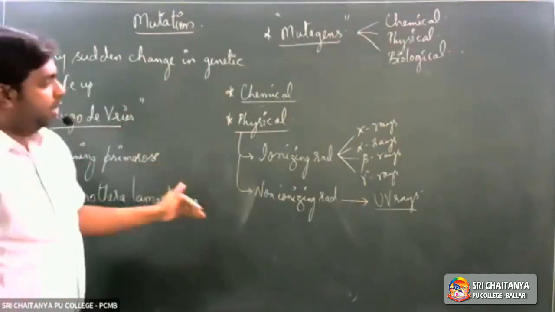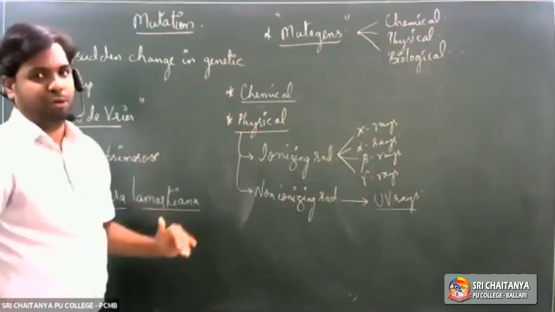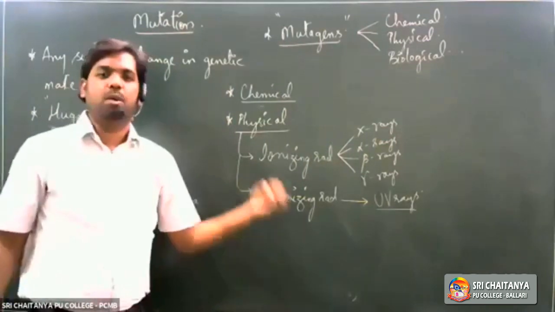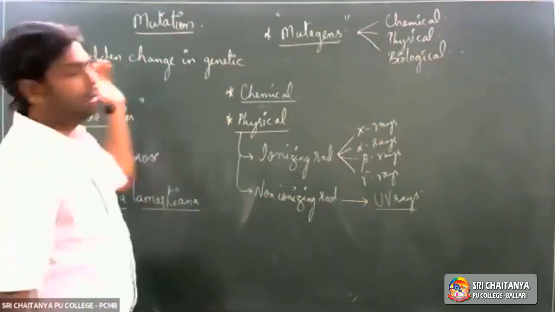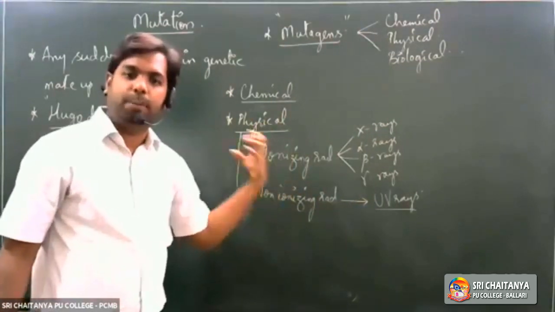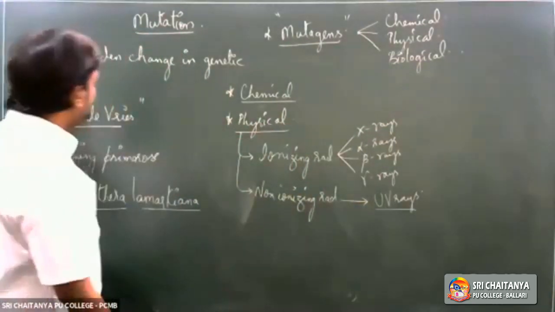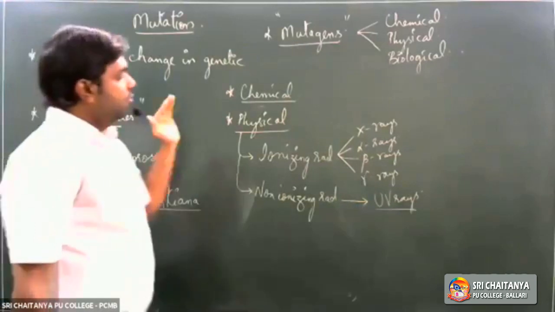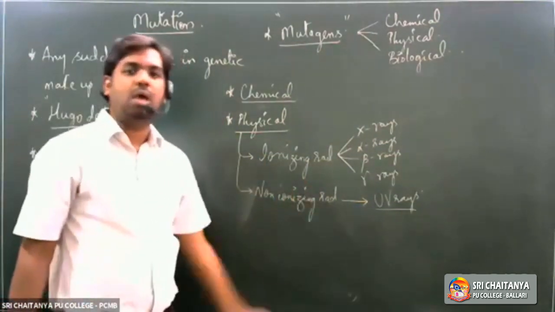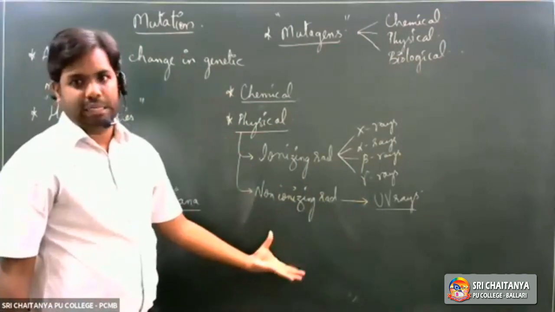So these together, we call physical mutagens. So chemical mutagens, any sort of chemical substances, when it affects the DNA of a particular organism, bring about changes in the genetic makeup. Physical mutagens also, same thing. We have ionizing radiations as well as non-ionizing radiations, right?